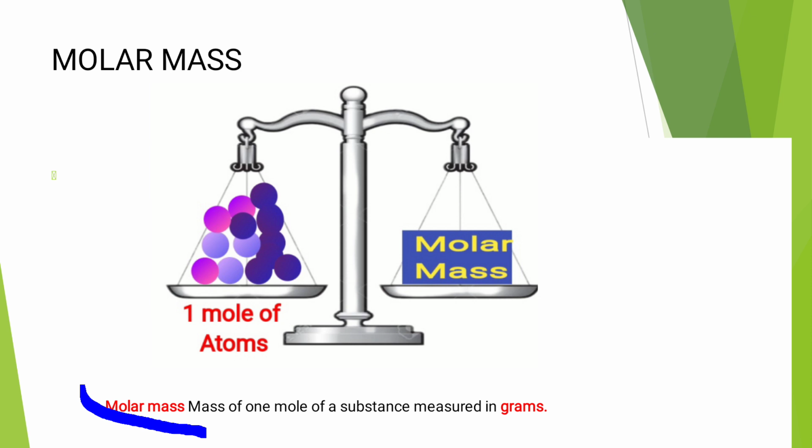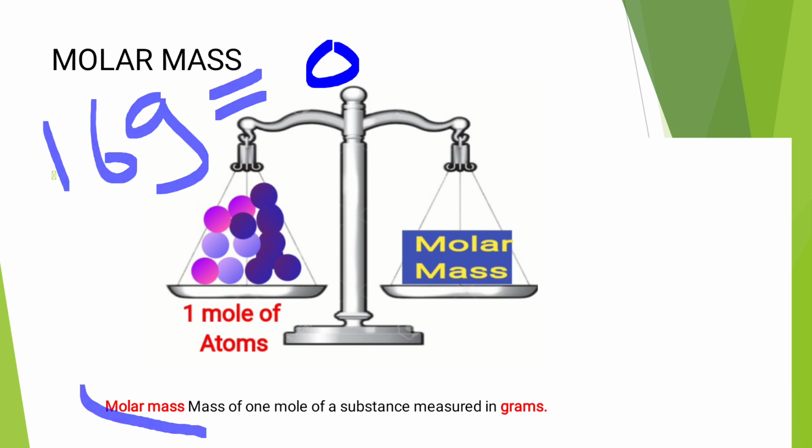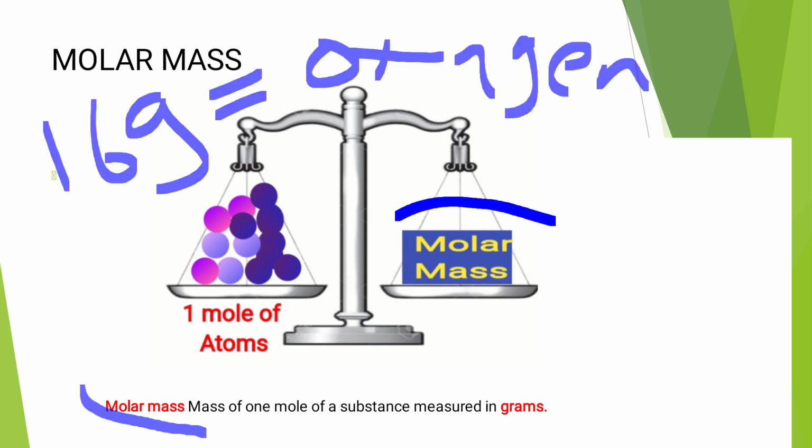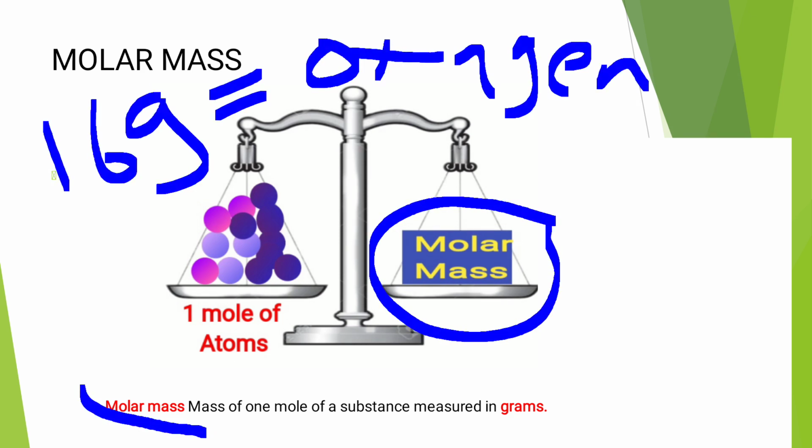So that now, if I take, for example, 16 grams of oxygen, that would be the molar mass of oxygen if the 16 grams contains 1 mole.